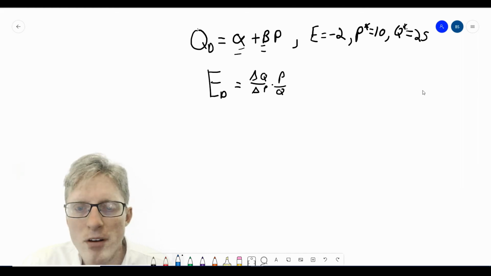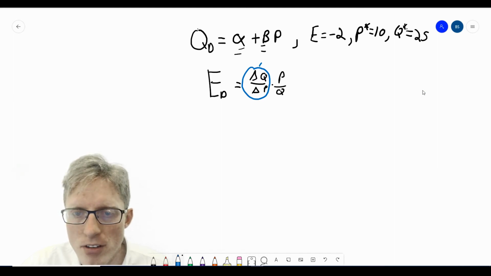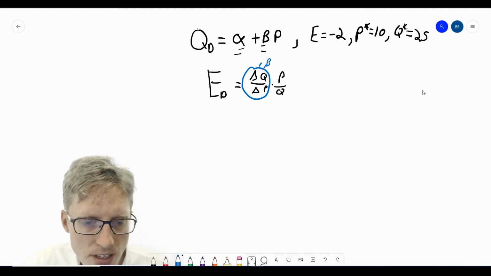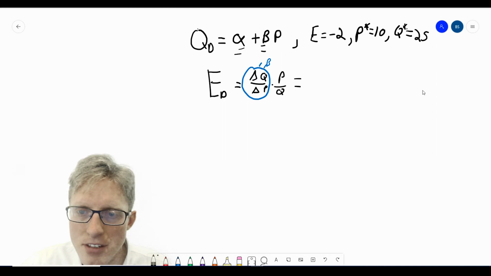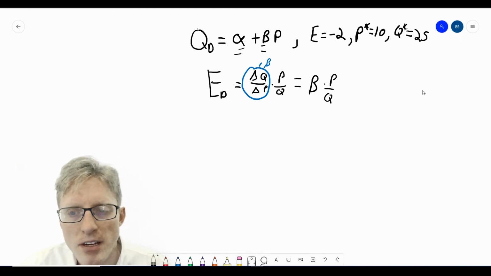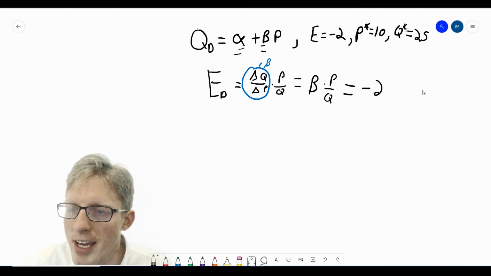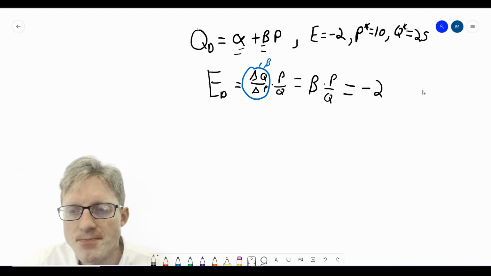I want to point out that this first part, change in Q over change in P, simply is the slope of the demand curve. So that's equal to beta. So we can rewrite this elasticity of demand as beta times price over quantity. And we know from the information given in this problem that the elasticity of demand is equal to minus 2.